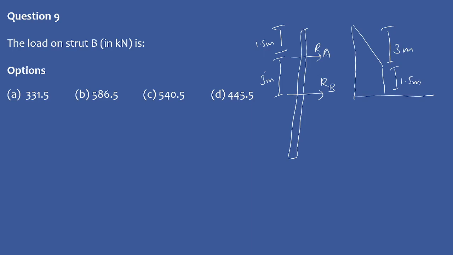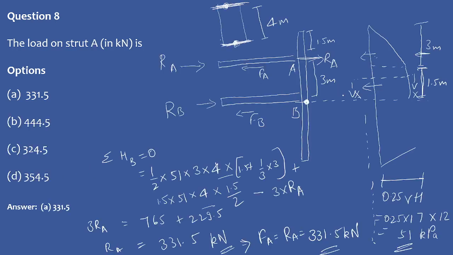So you have already calculated the reaction at A. We can take advantage of equilibrium, and we know sigma Fx equals 0. So RA plus RB is equal to the force from here. We have calculated it's 51 kPa.